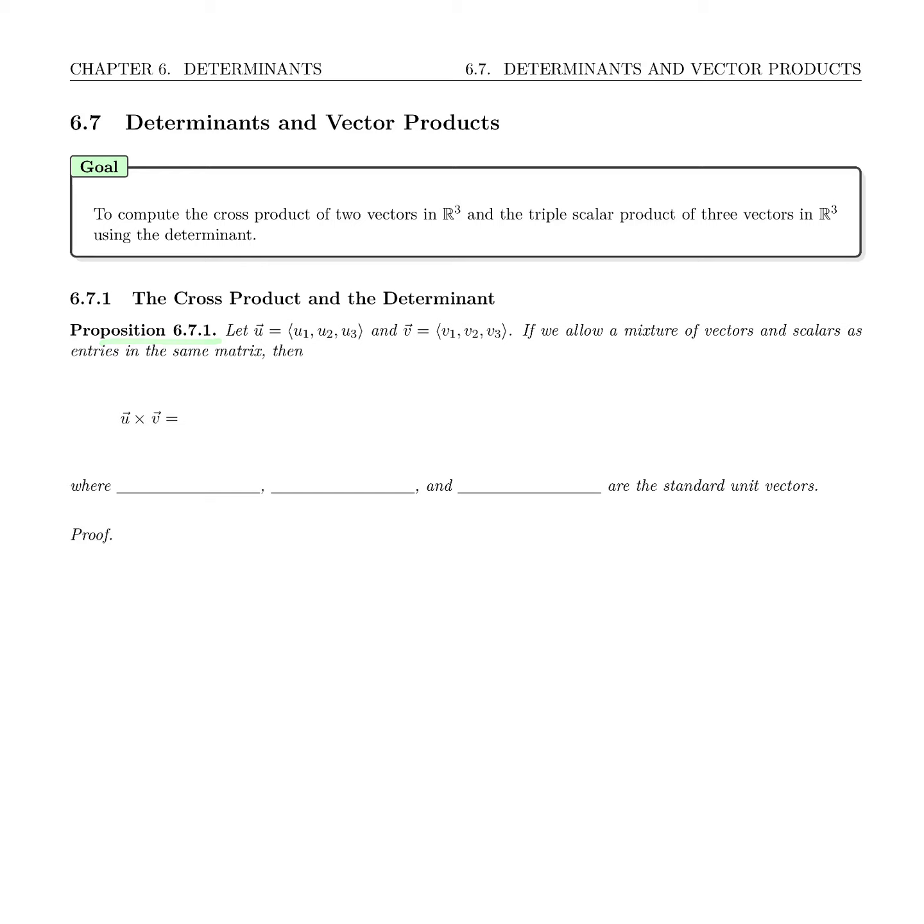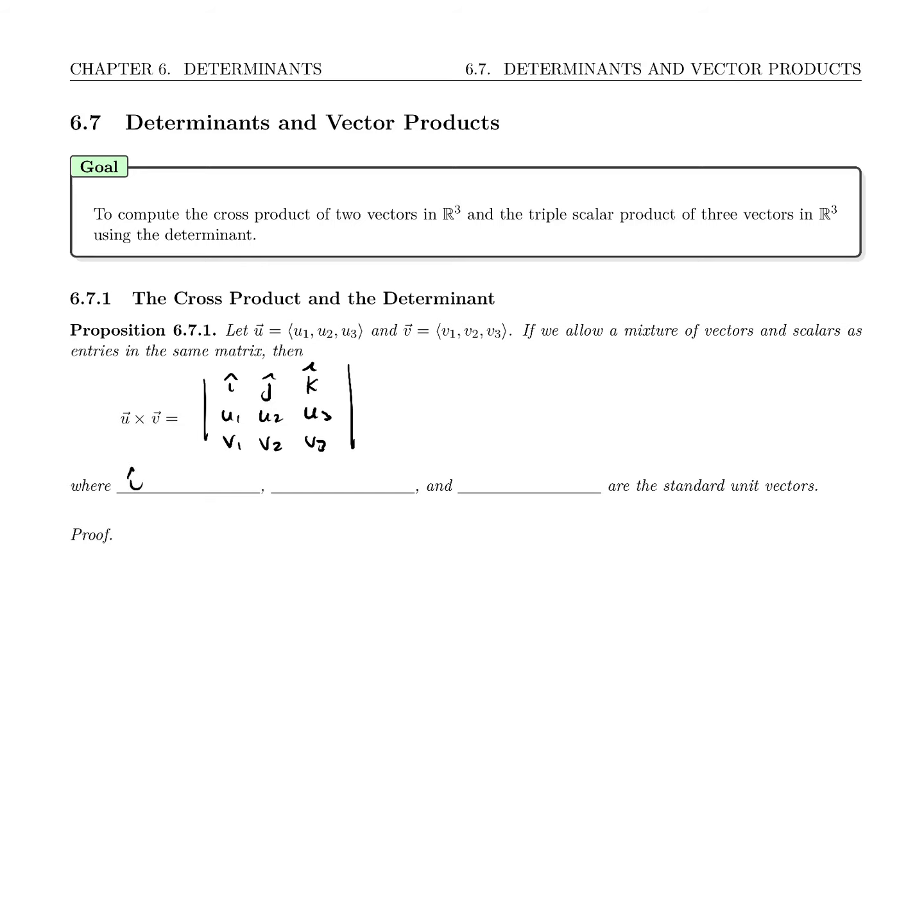Proposition 6.7.1: if vector u is u1, u2, u3, and vector v is v1, v2, v3, and we allow a mixture of vectors and scalars as entries in the same matrix, then u cross v is the determinant of i hat, j hat, k hat, those are the vectors, then u1, u2, u3, the components of u are scalars, and v1, v2, v3, all within the same matrix.